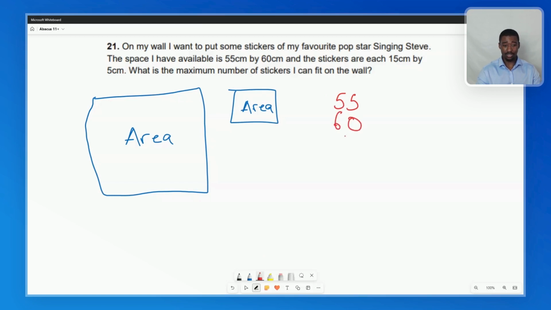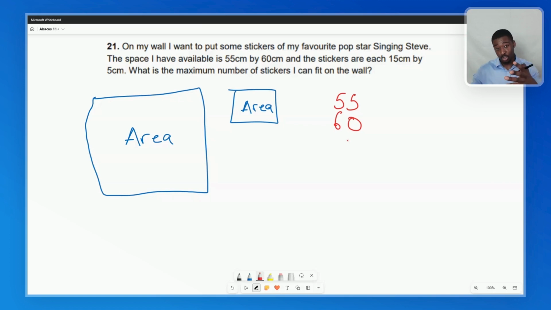Well, let's use our mental maths. 55 times 60 is simply going to be 55 times 6 multiplied by 10, or just add a 0. So 55 times 6 is what? Well, 50 times 6 is 300, because 5 times 6 is 30. So 50 times 6 is 300. And then 5 times 6 is 30.